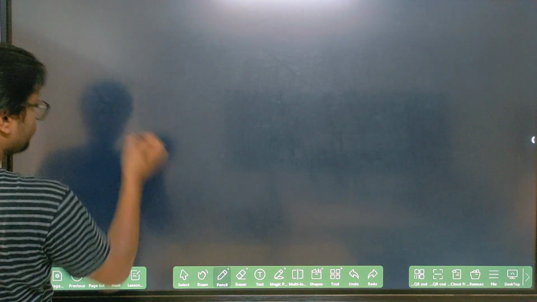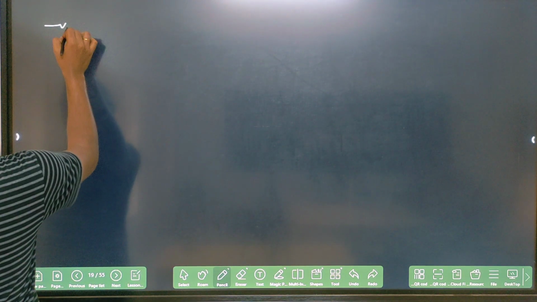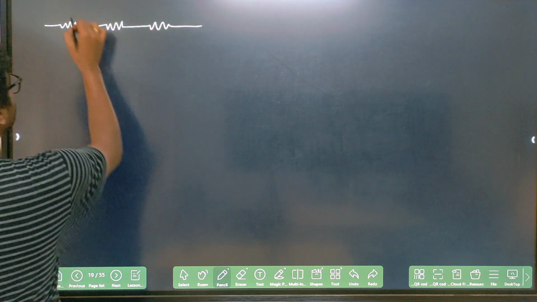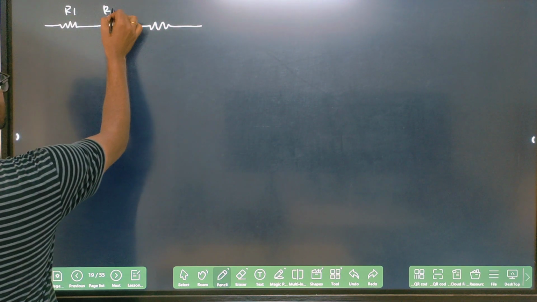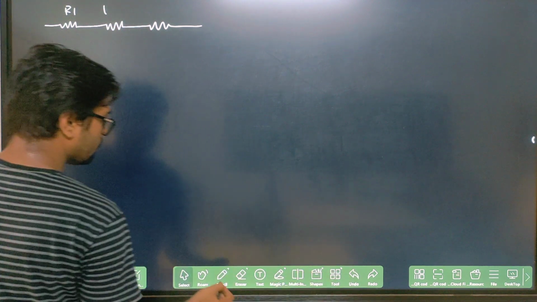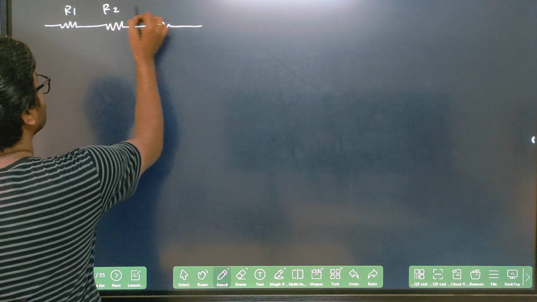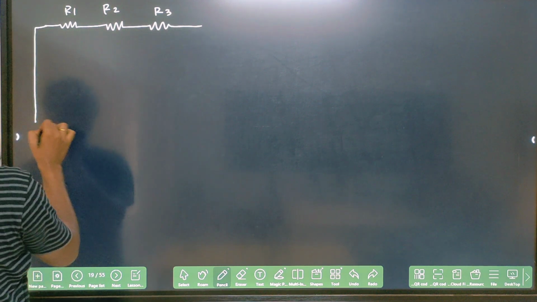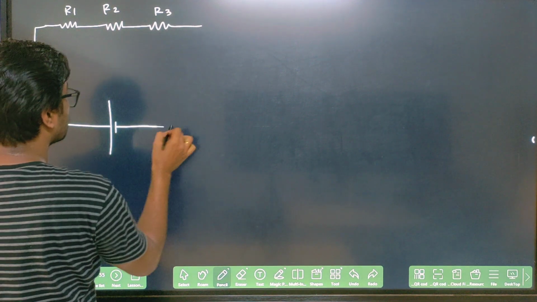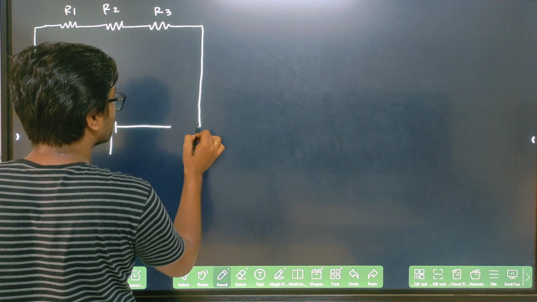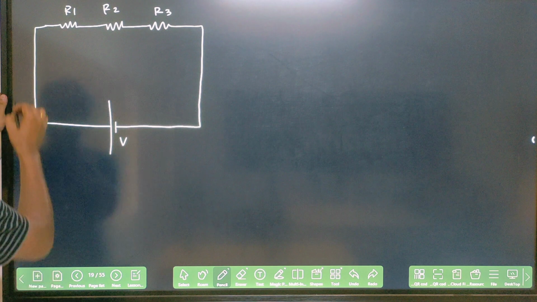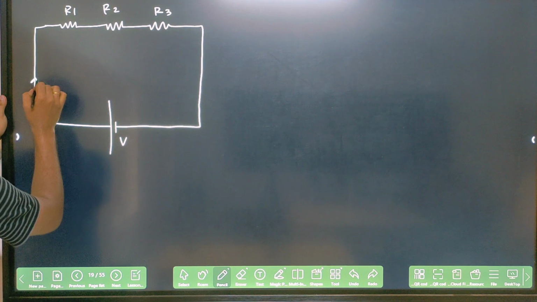Now I am doing the same thing again. Let's take 3 resistors. This is R1, this is R2, this is R3, connected to a cell of potential V. What will be the current here?